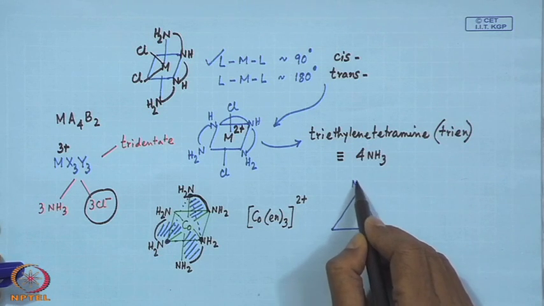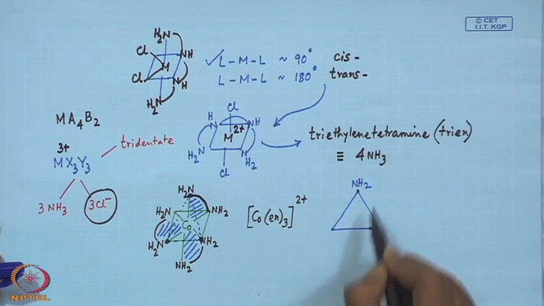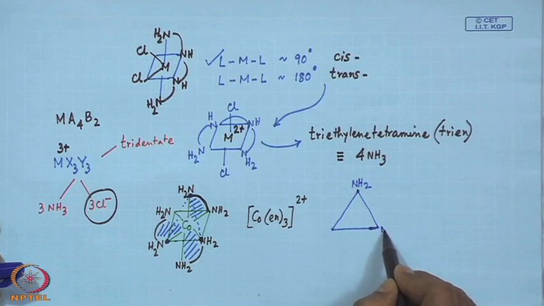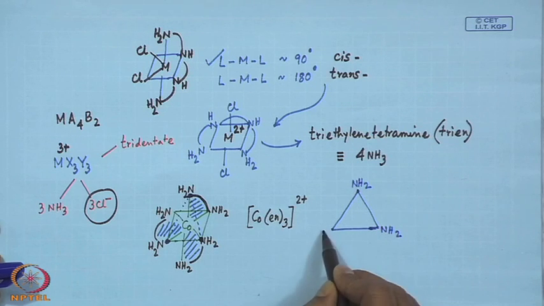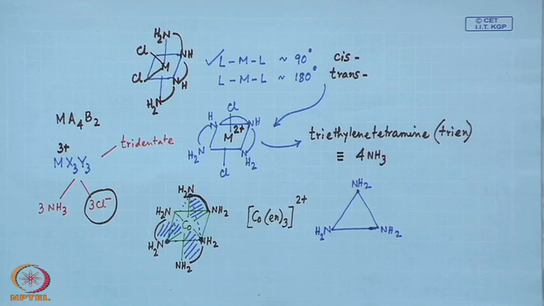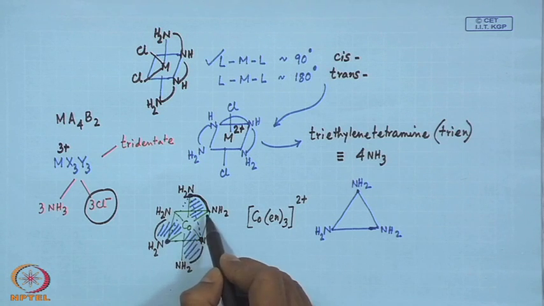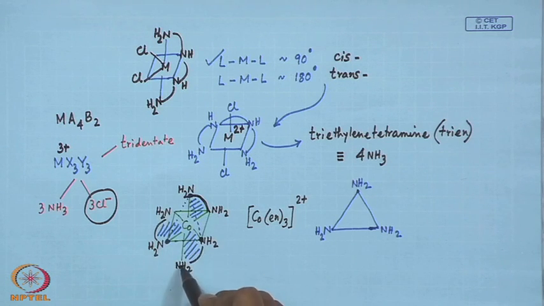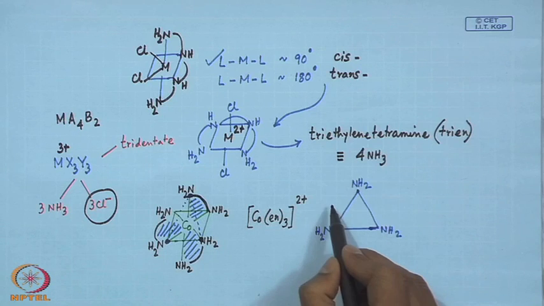So, we have NH2, we have this NH2 and we have the other NH2 from there. Now, we have the other face, that means this NH2 and this NH2 from the other side.